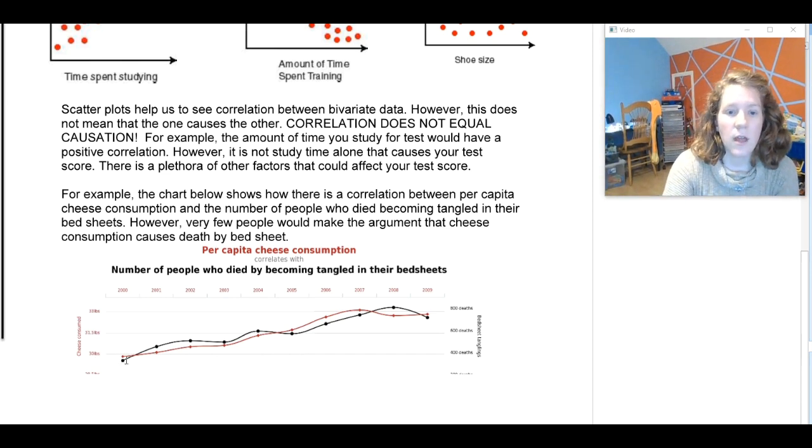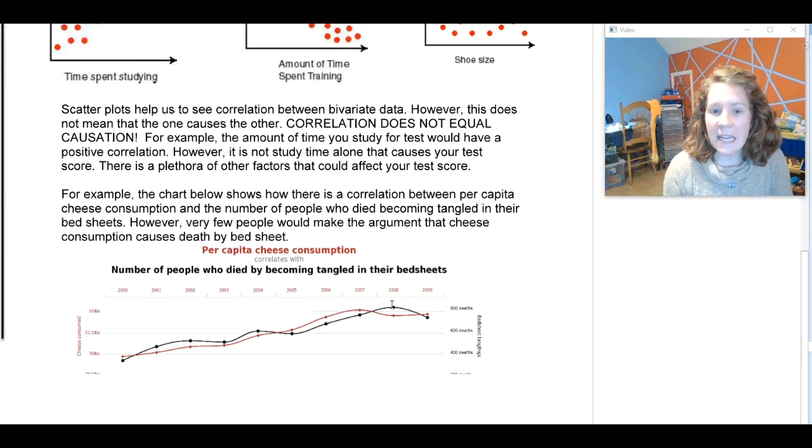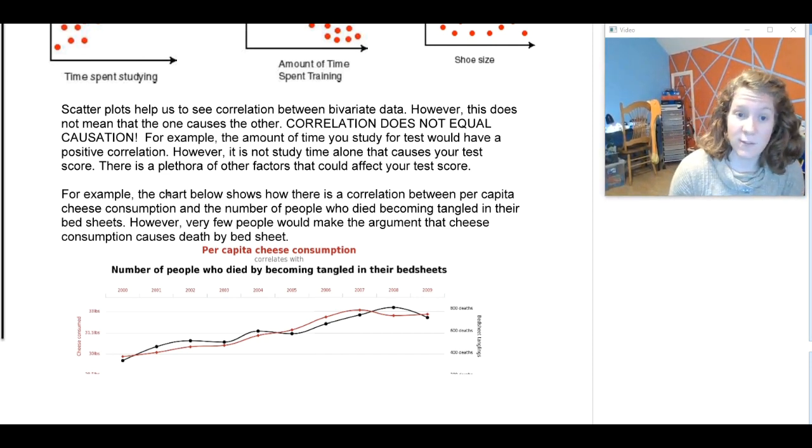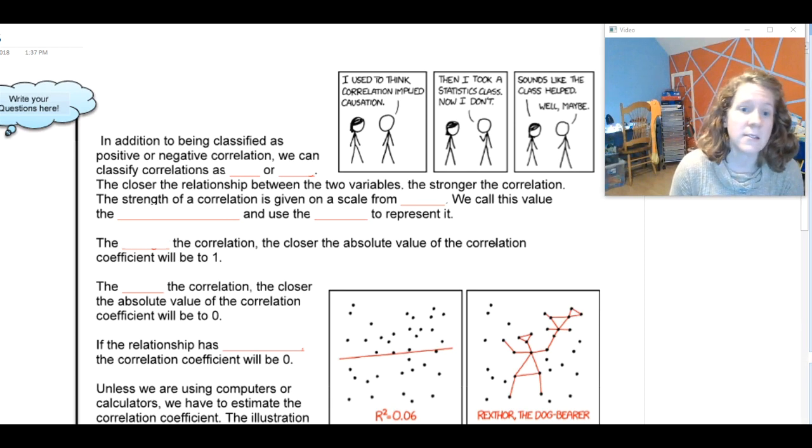Okay, so as you can see, the more cheese that's consumed, the more people die from getting tangled in their bed sheets. That doesn't mean that eating cheese causes you to die from bed sheet tangling. I don't know what the reason for that is, but there's probably not a causation. I hope not, because I like cheese and I don't want to die from getting tangled in the bed sheets.